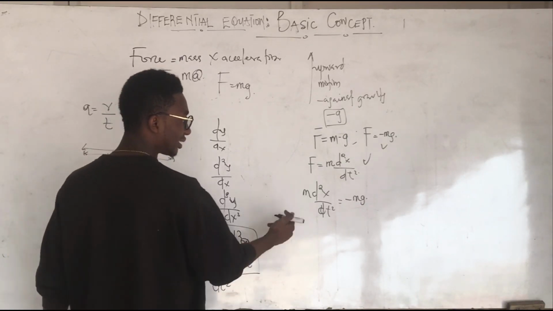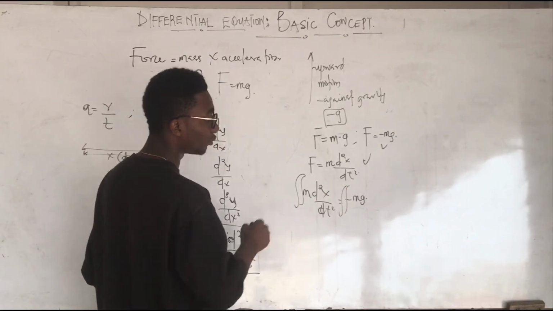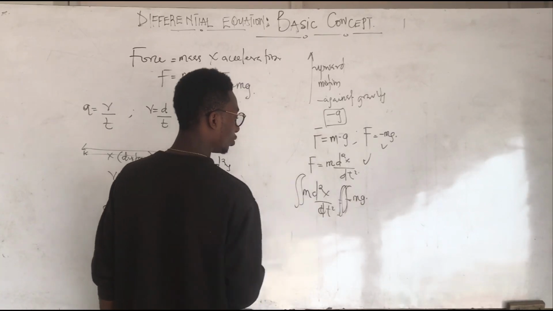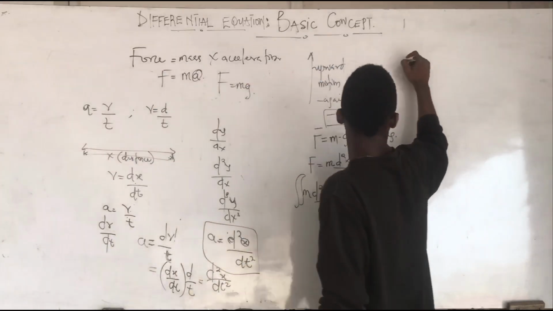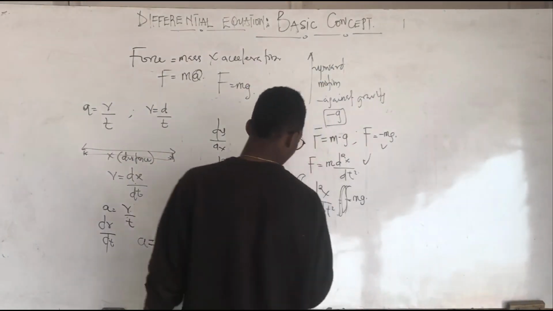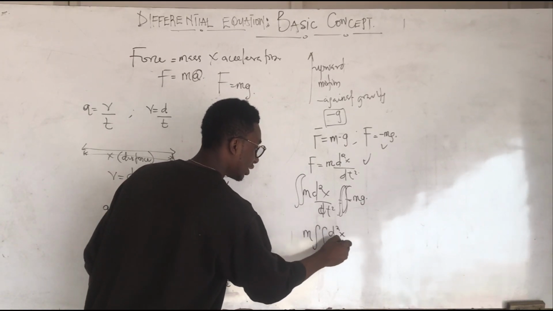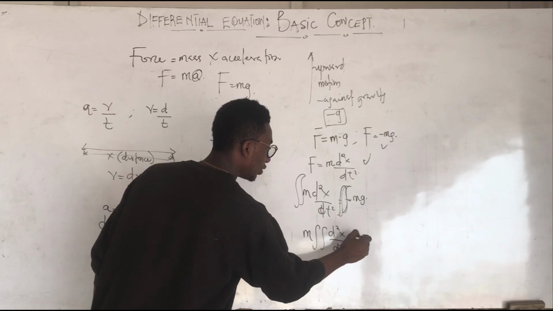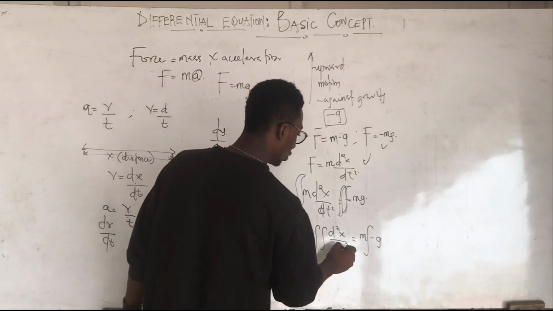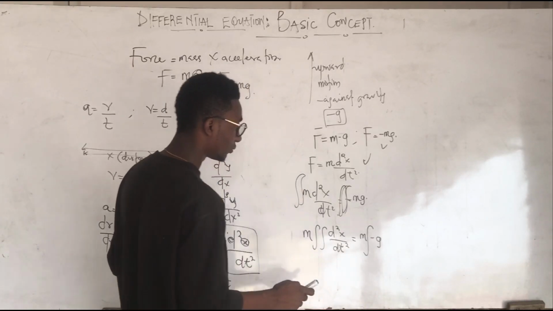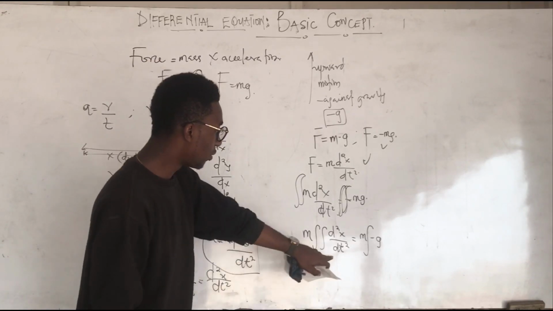Right? So now if we want to get the distance x, that means we have to do a double integration. The first integration will bring us to the first derivative. We can now bring the m out. We do our double integration of d squared x over dt squared, equal to the double integration of negative g.